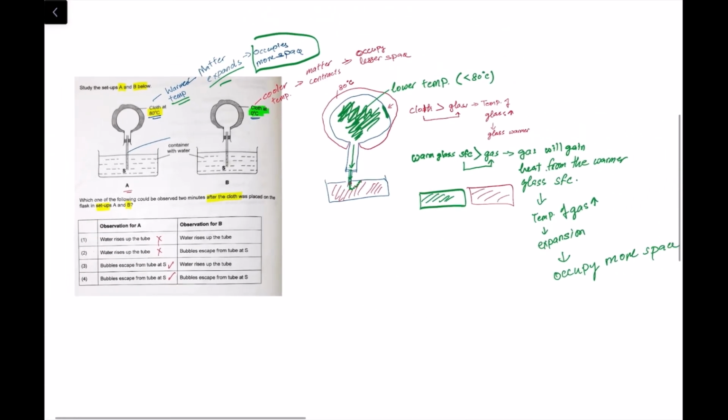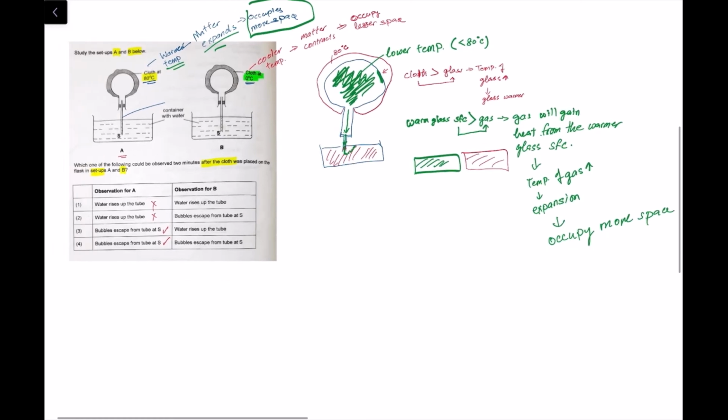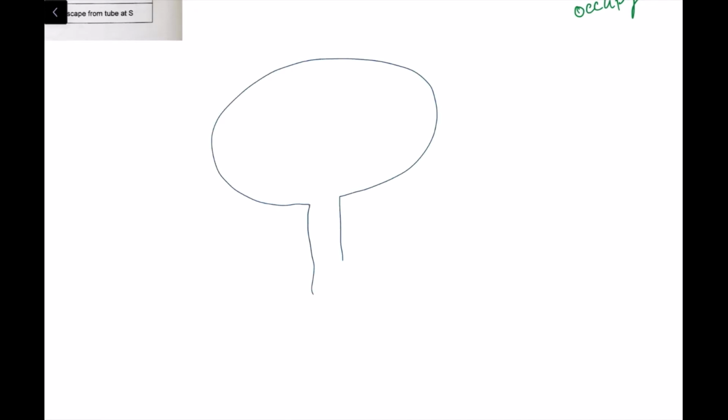Now if we look at setup B, I'll redraw the figure. If we look at setup B, we have this flask, and this piece of cloth, and then we have this water bath.